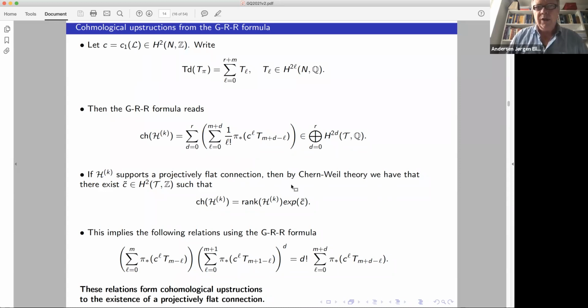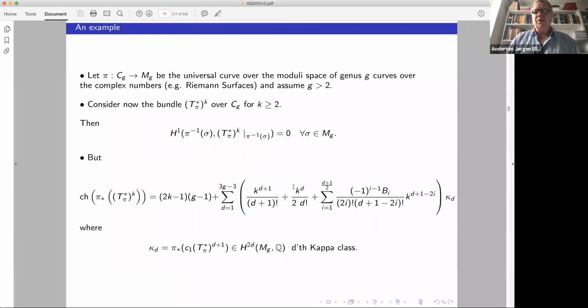And now I want to show you an example that this really gives you obstructions. So let's take the universal curve over the moduli space of genus g curves. And so there, if you look at the cotangent bundle to the power k, that's actually the pre-quantum line bundle over each of the Riemann surfaces in this case. If you look at the top form, the 2-form coming from this hyperbolic metric.